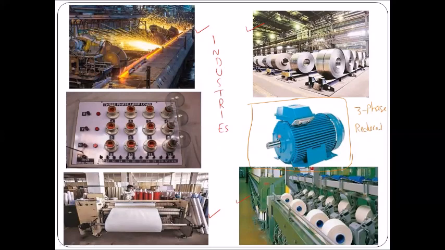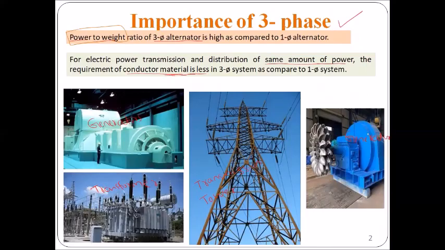Because of this reason, as it is evident here, the generators are of three-phase nature, the transmission line and transmission tower are three-phase, and the transformers involved are also three-phase.